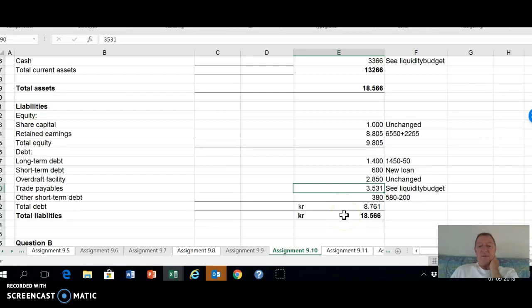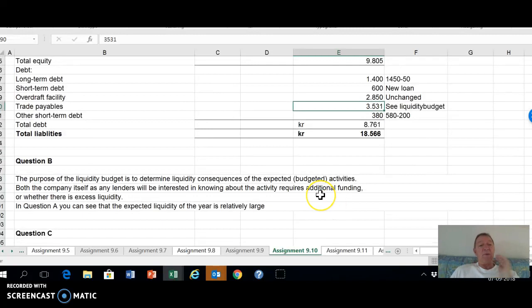So we have a balance. Question B, the purpose of the liquidity budget is to determine liquidity consequences of the activities. Of course. It's also an important thing to see if it's possible to make our plans.